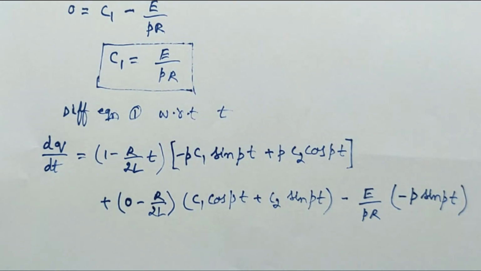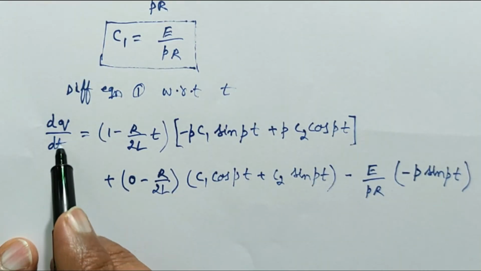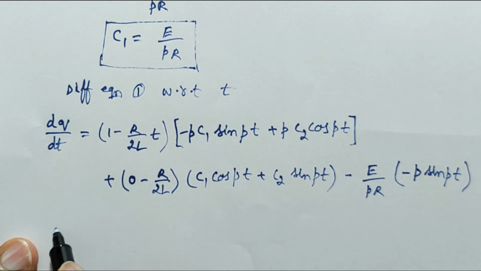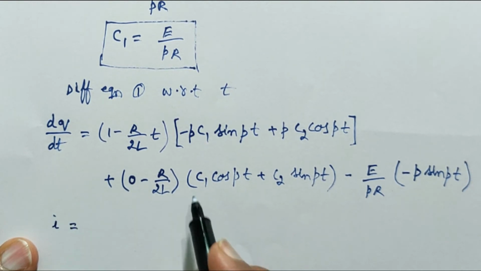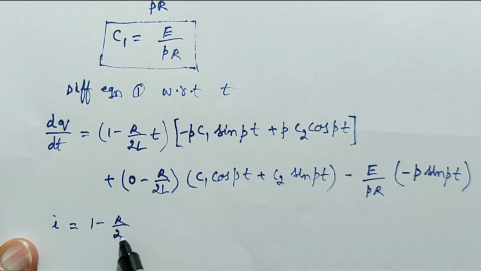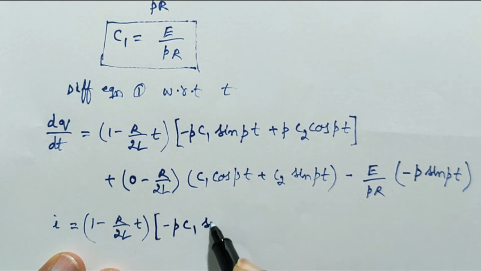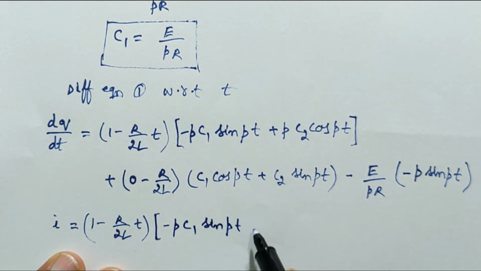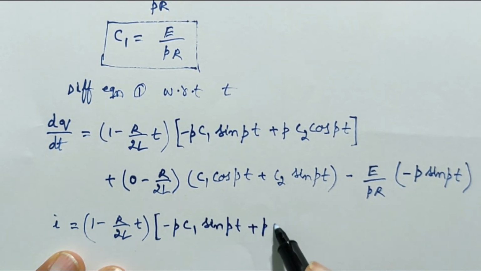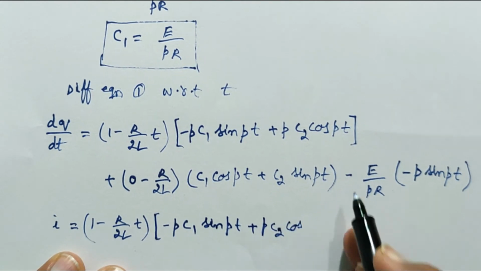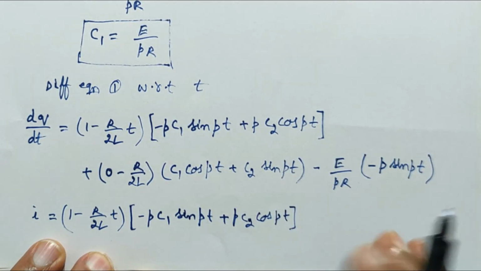Further, let us simplify this. So dQ by dt, which is nothing but the current I, is equal to 1 minus R by 2L times T into minus PC1 sine of PT plus PC2 cos of PT.